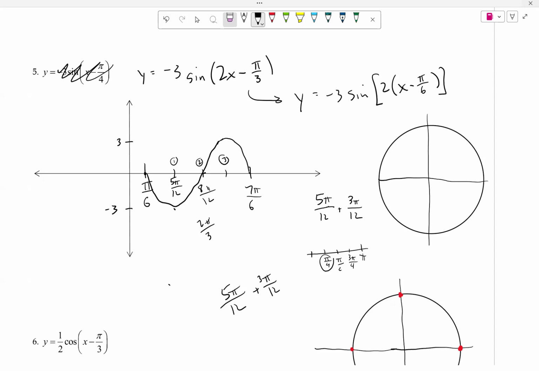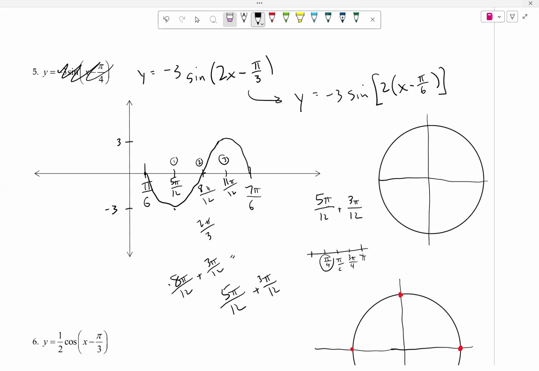But maybe it's better not to simplify yet anyway. Okay. So you're adding another pi over 4 or 3 pi over 12. So 11 pi over 12. Okay. That was nice. Well done.